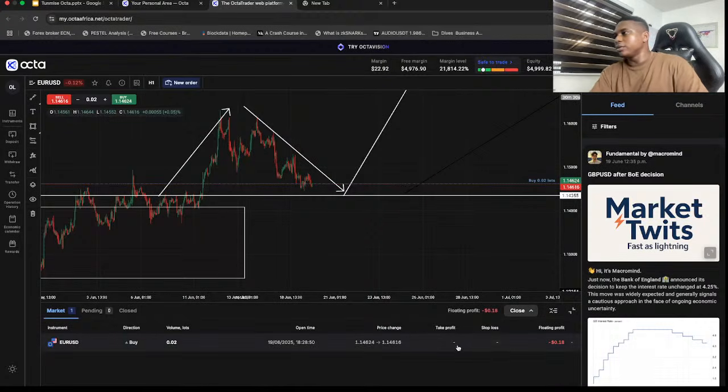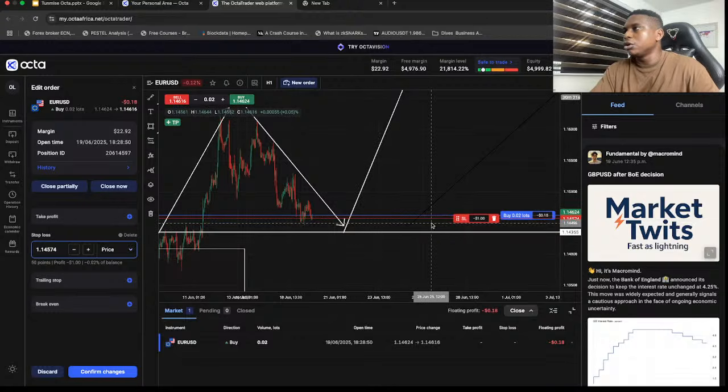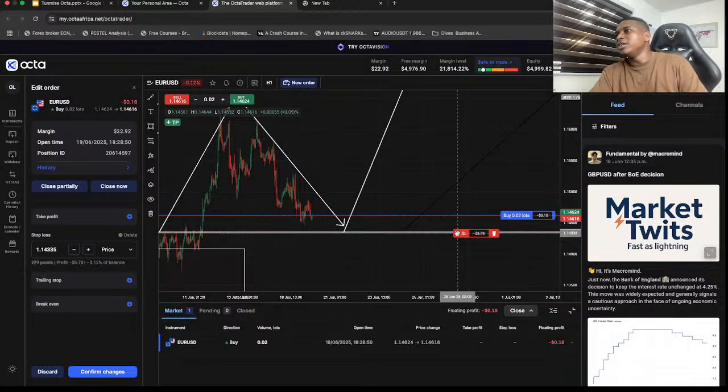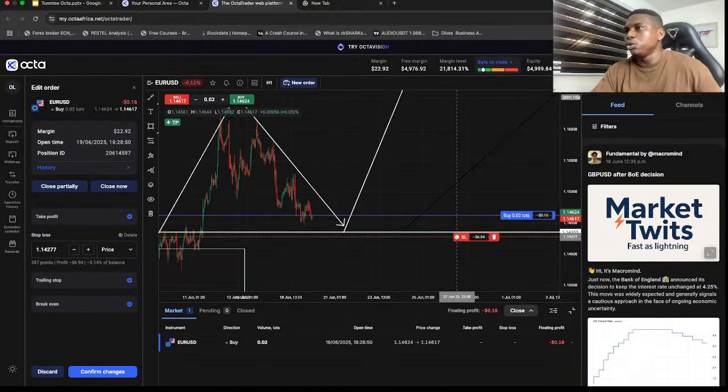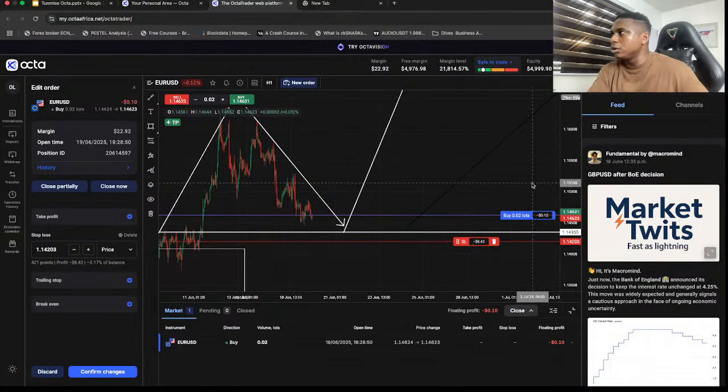Okay, so I want to set my stop loss order. So here we go, stop loss. I'll just do below the support level to be on the safer side. If this trade goes against me, I would lose $8.